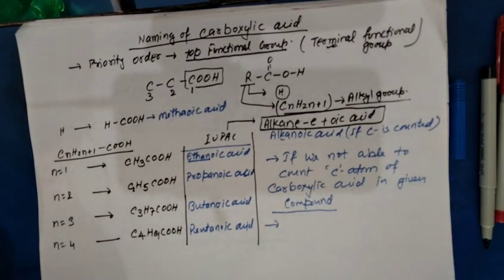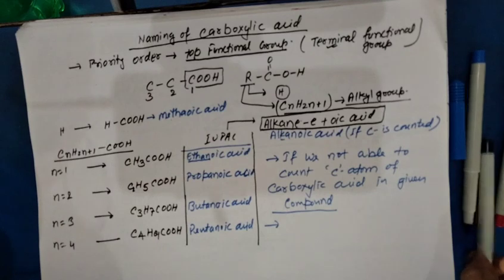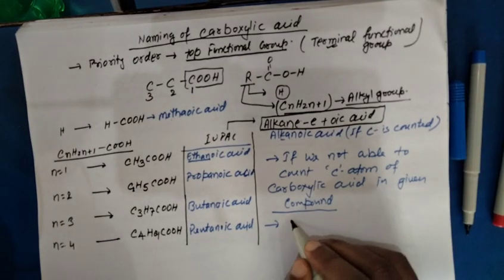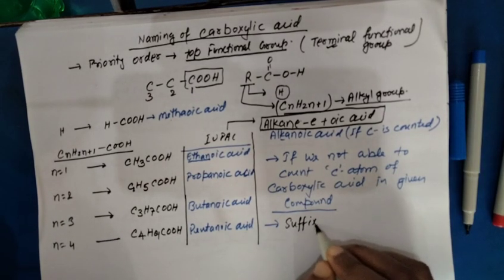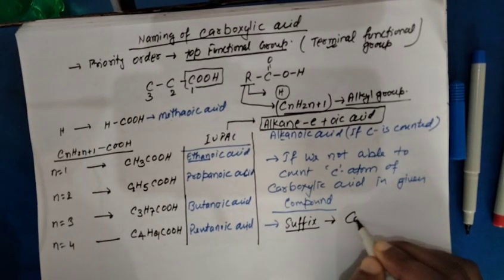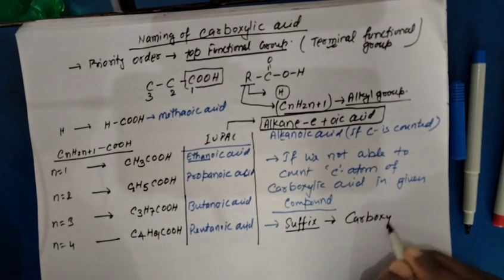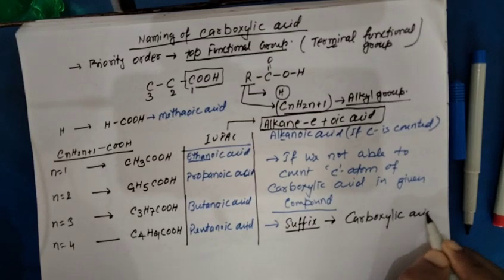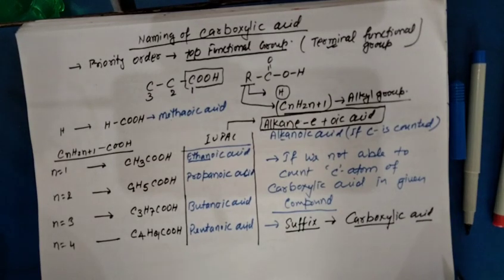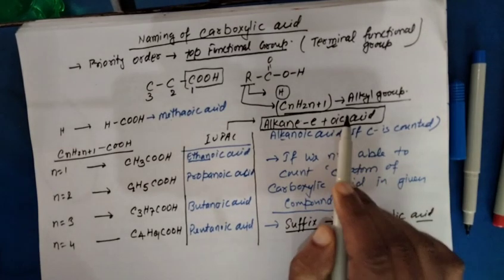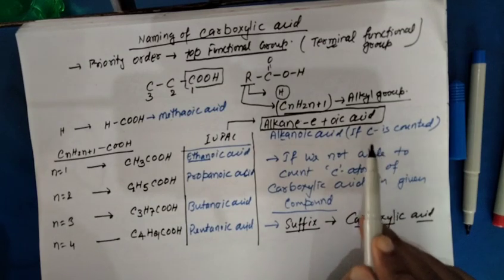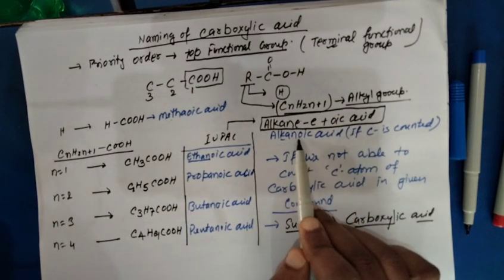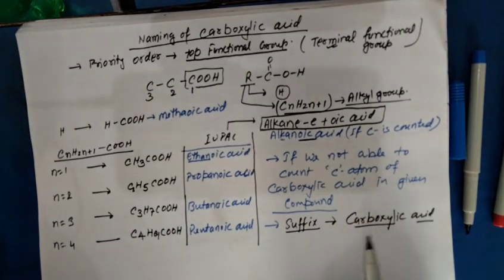For that, as a suffix you take carboxylic acid here. If you count the carbon in the compound, then we add oic acid. If you are unable to count the carbon, then we simply say carboxylic acid.